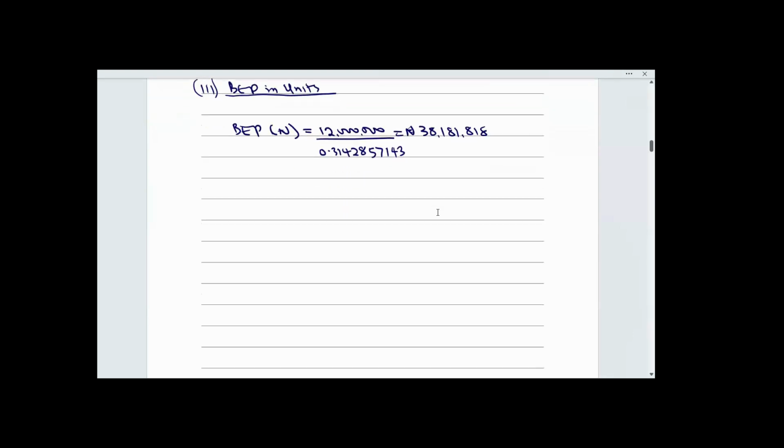Now that you have the overall break-even point in Naira, of course, we need to calculate the sales mix. Sales mix for common, then for executive.